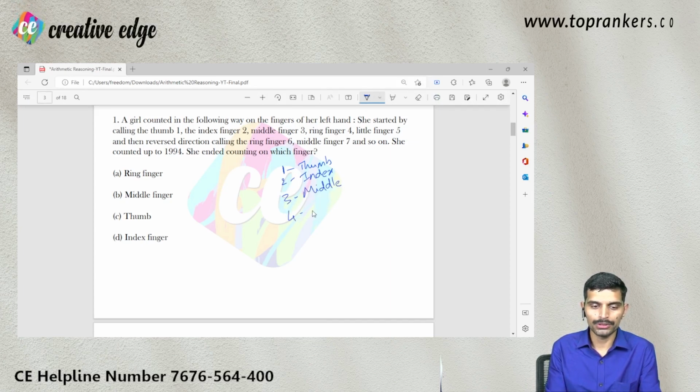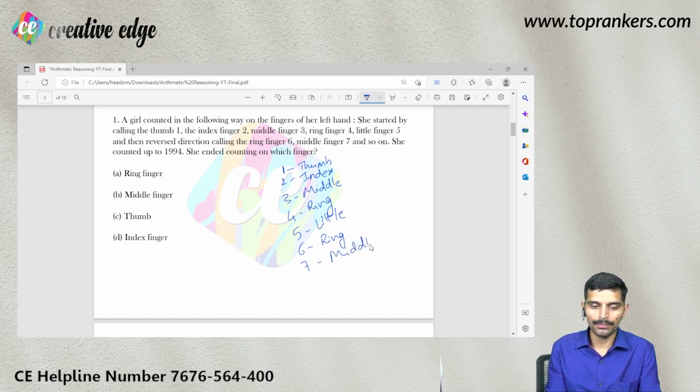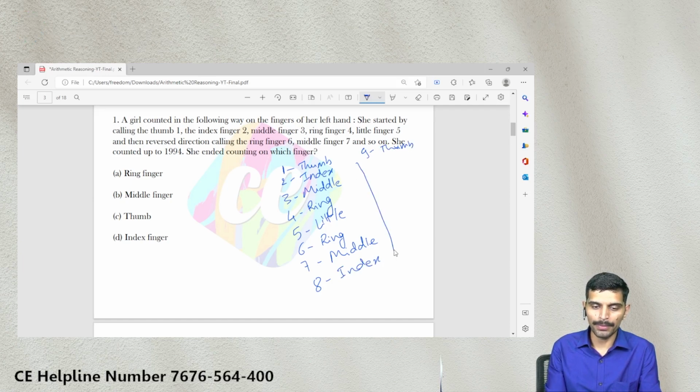For four, she counted on her ring finger, five on her little finger. And then changing the direction, that is six on ring finger, seven on middle finger, eight on index finger, and nine once again on thumb. And then the pattern gets repeated.